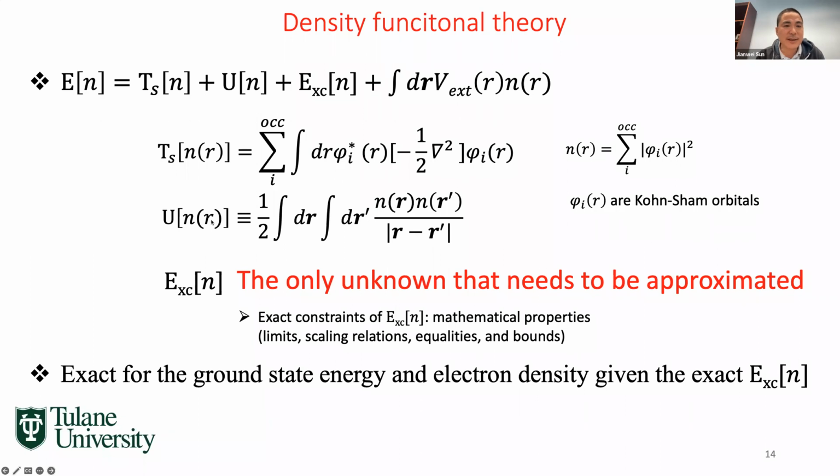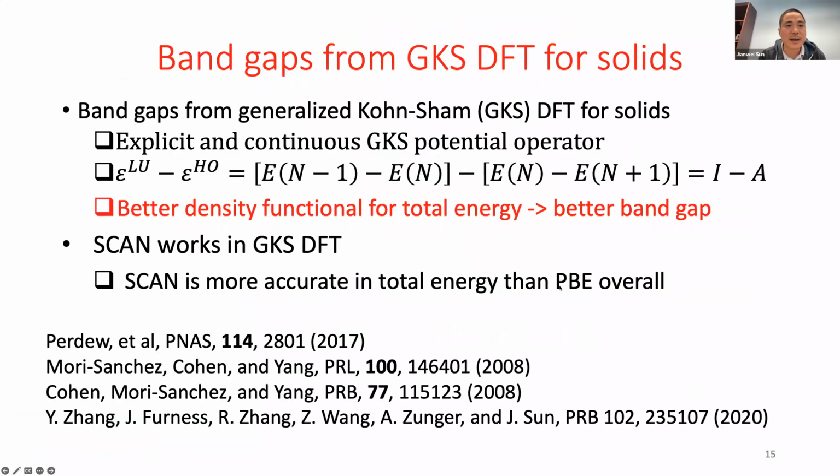If you have the exact exchange correlation energy functional, then this theorem is exact for the ground state energy and electron density. And of course, if you have a better exchange correlation energy functional, then you should have better predictions of ground state properties.